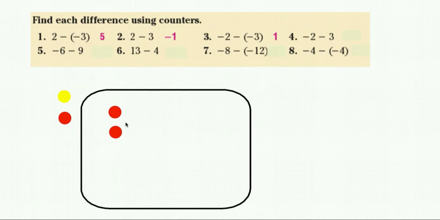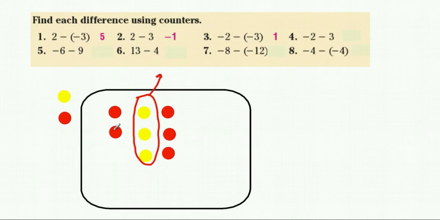But we don't have any positive counters, so we add 3 zero pairs. If we take away the 3 positive counters right here, we end up with 5 negative counters. So negative 2 minus 3 is negative 5.